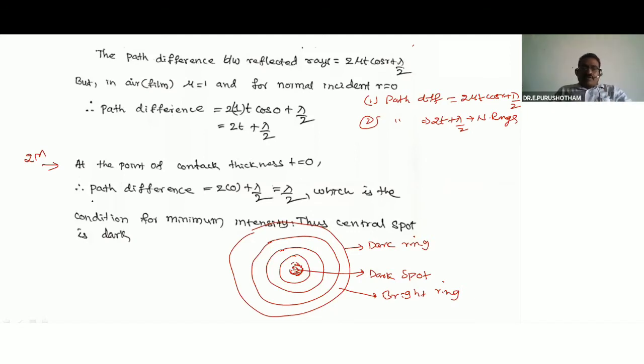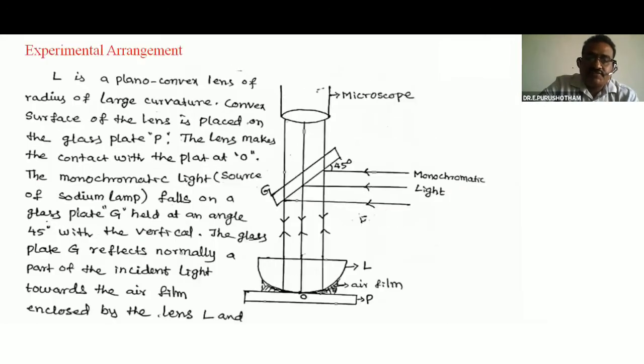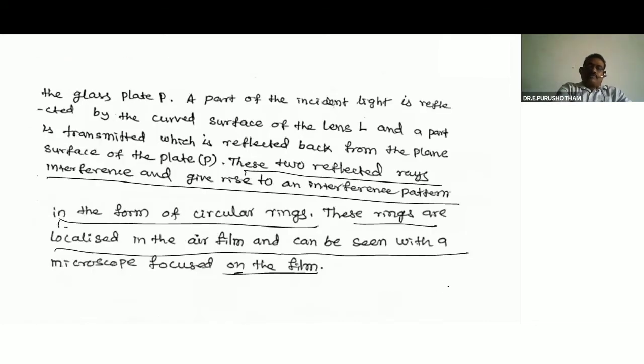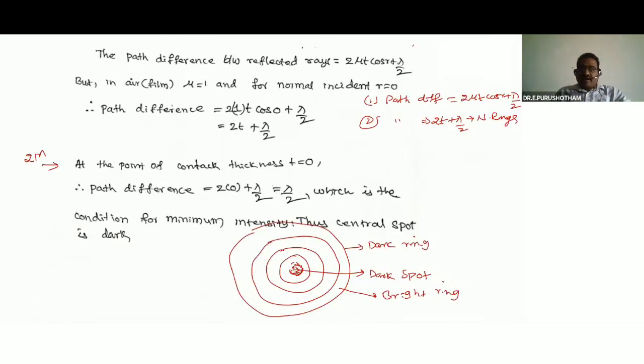So at the contact, you see once again this figure. At the contact of L and P, there is no air film. For example, this is a plano-convex lens and a simple glass plate.